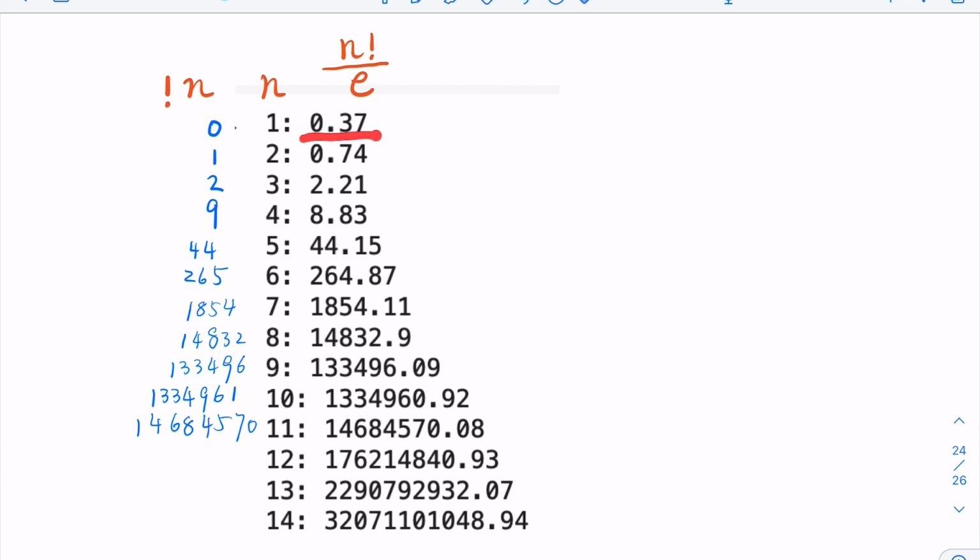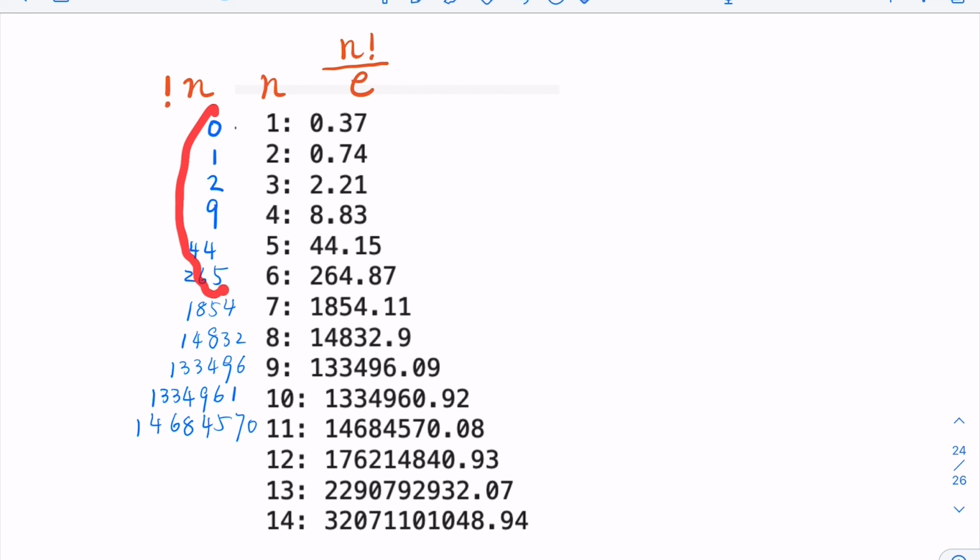So if you take the integer, it's going to be 0. And for number 2, because the closest integer is going to be 1, so that's 1. And for 3, d3, we know that d3 equal 2, d4 equal 9. This is 8.83. Rounded to an integer would be 9. And 44, this all matches with earlier results, right?